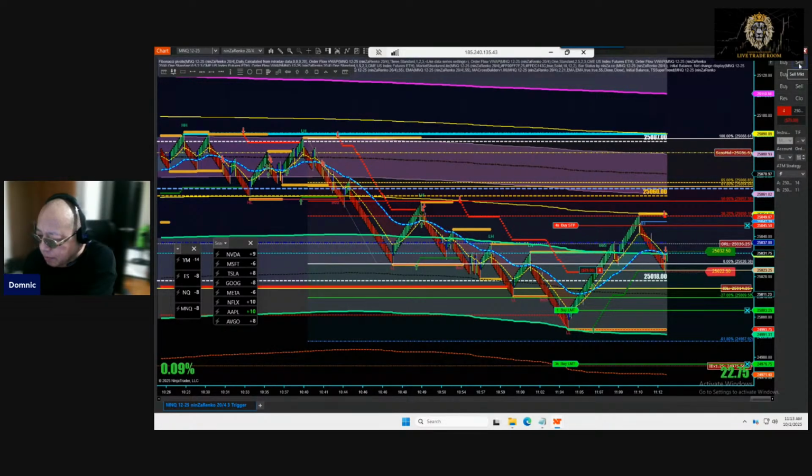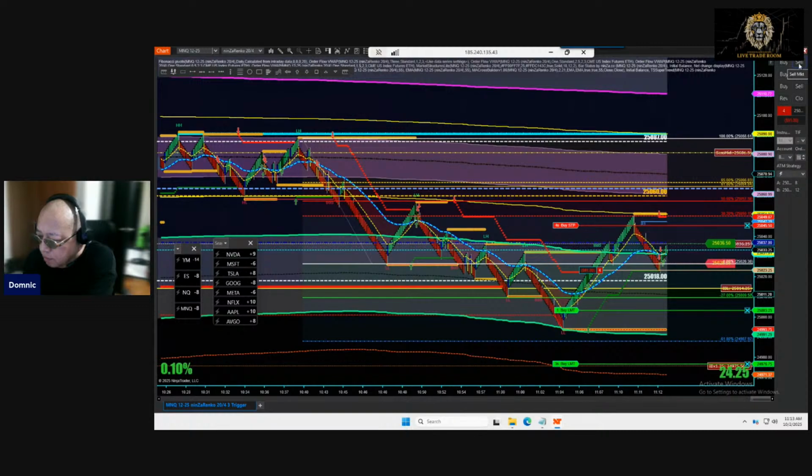Well, don't tell me it's going to go back up. We had to create a reversal bar to the downside here.